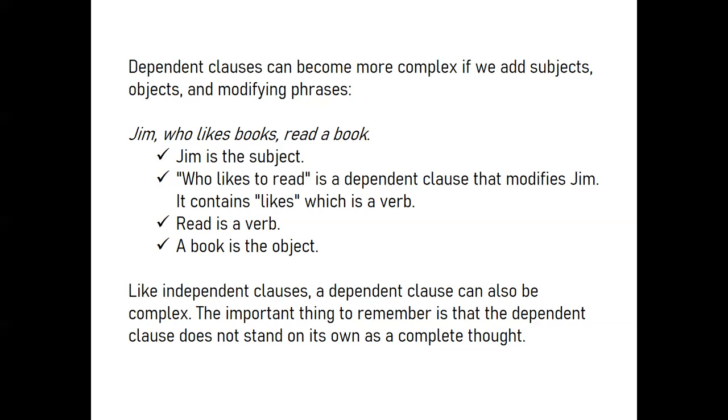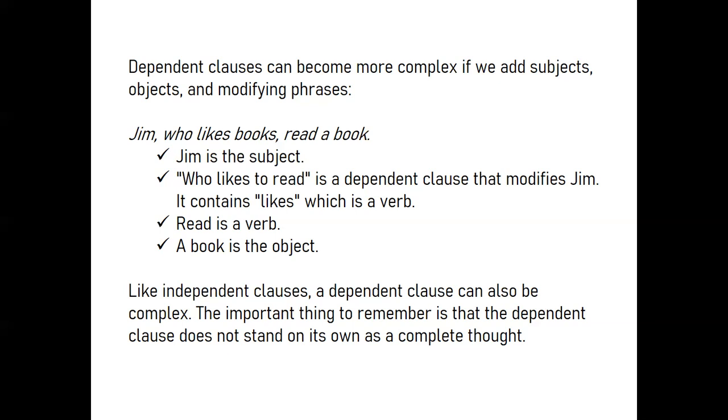So right now, let's put a Jim in here. Jim is a subject, so it is a noun. Then who likes books is the dependent clause that modifies Jim. So, Jim, who likes books, contains likes, which is a verb. Though who likes books has a verb, it doesn't have a subject.